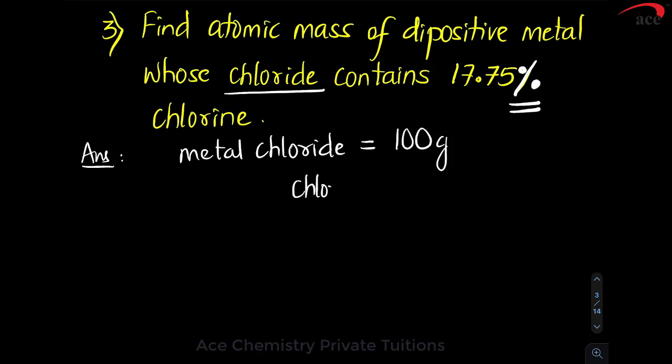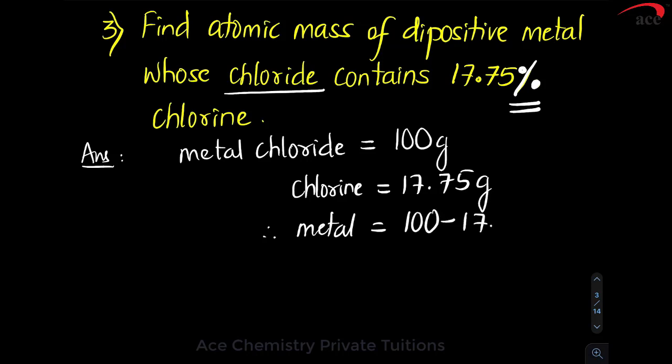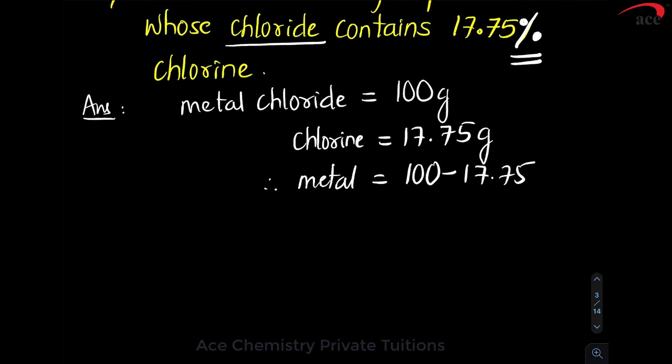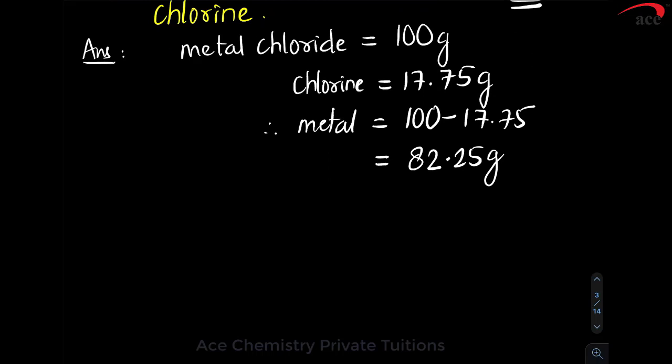Why did we take 100? Because the data was given in percentage. So what is the mass of chlorine in it? The mass of chlorine in it is 17.75 gram. So what is the mass of the metal? Mass of the metal will be 100 minus 17.75.